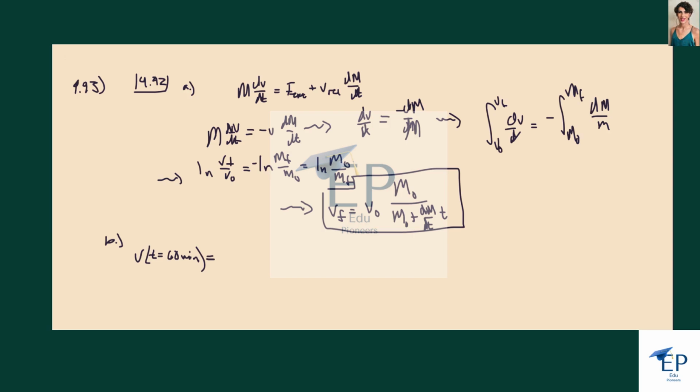We can just take the initial speed, which was given, 8.6 meters per second, times the initial mass, which was 4,800 kilograms, over 4,800 kilograms plus the mass accumulated, which was 3.8 kilograms per minute times 60 minutes.